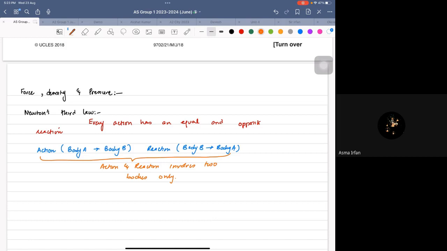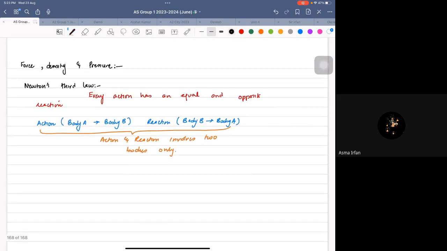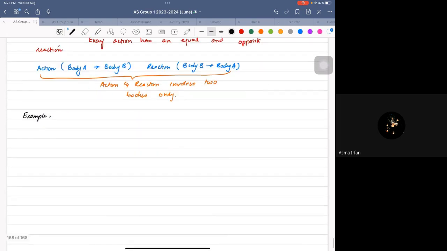Now, suppose, this is just an example, you have a book placed on a table. So this is a table, and here's the book on the table.